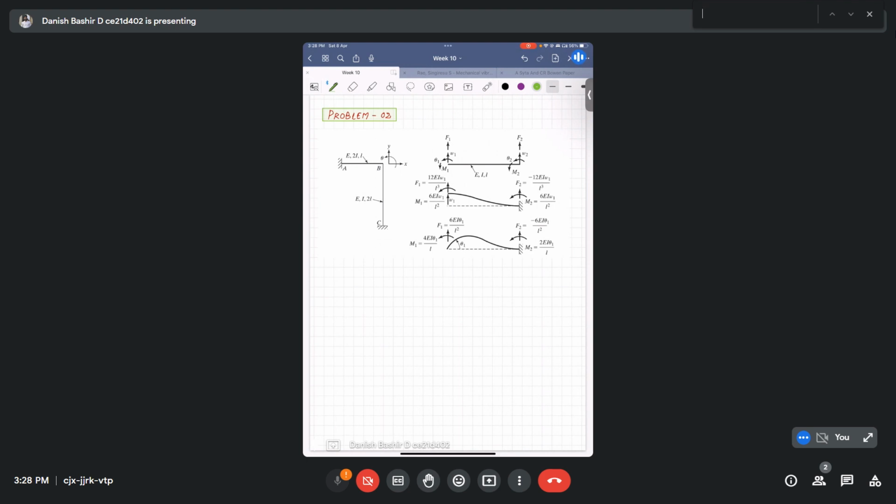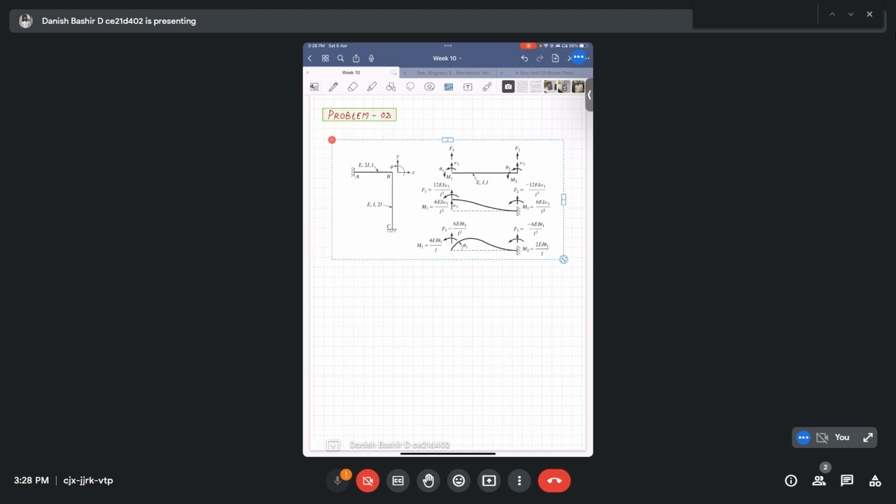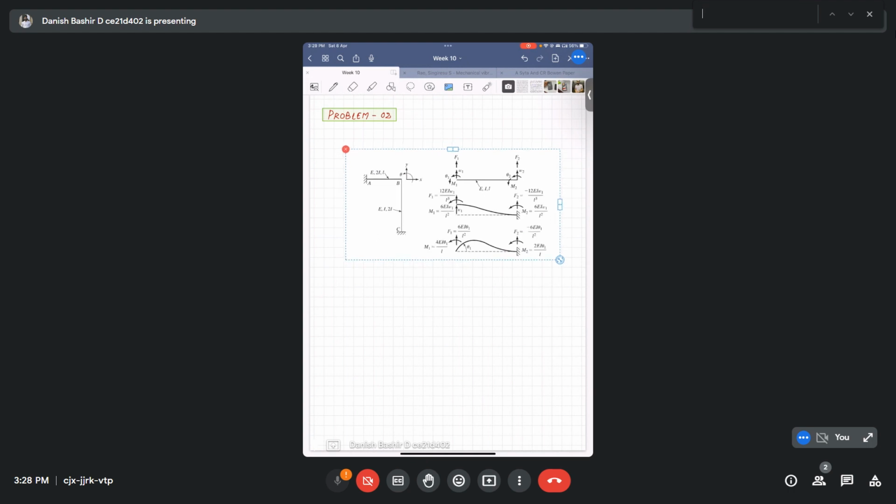determine the stiffness matrix of the frame shown. We have to neglect the effect of axial stiffness in members A, B, and C. So we have to put this. I have to find the stiffness matrix K of frame ABC.